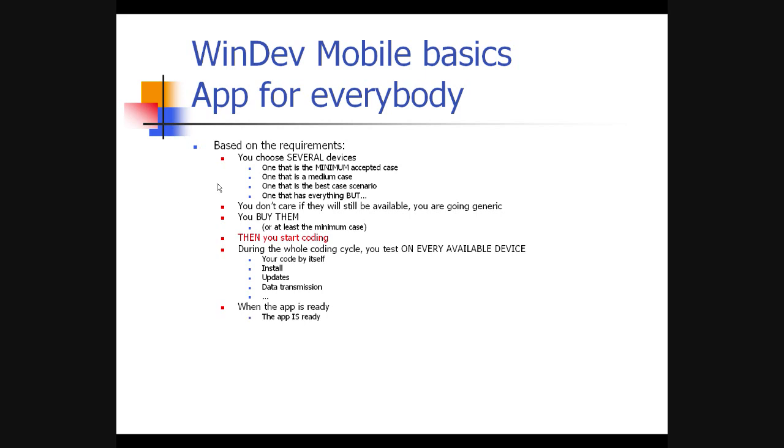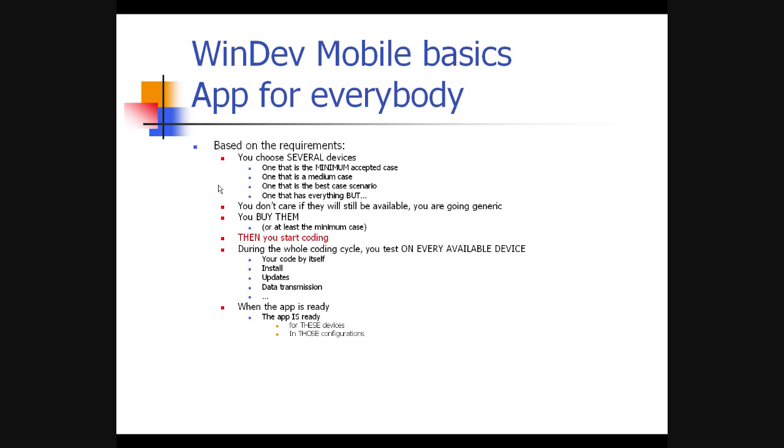Now, when the application is ready, remember that the application is really ready because you tested it, but it's ready only on these devices. You're trying to go generic, but you are sure that it's working only on this specific few devices that you tested during the whole coding cycle, and only in those configurations.